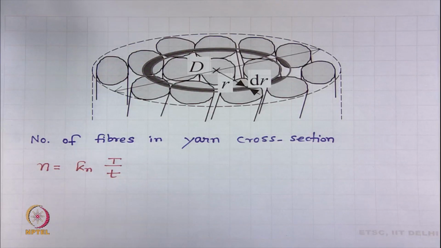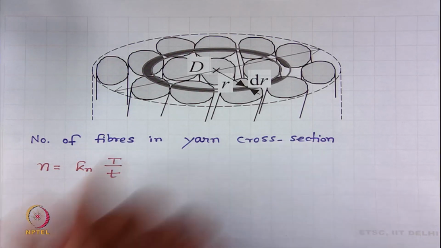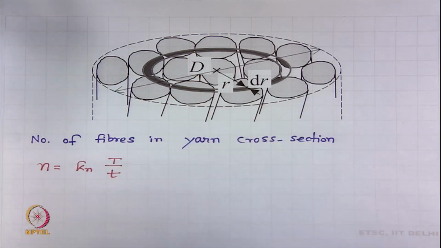Then if we integrate that expression from r equal to 0 to r equal to d by 2, we will find the number of fibers in the yarn cross section. So, let us follow the same strategy.